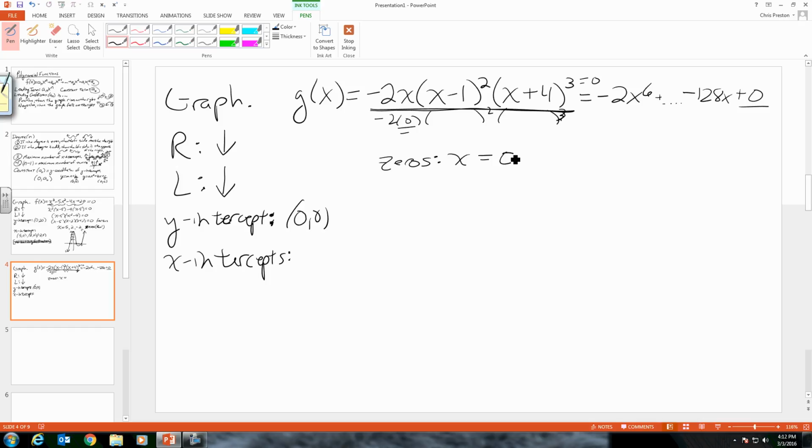We just found out that if you make x equals 0, you get an answer of 0, so that's a zero. Positive 1 is a zero, and negative 4 is a zero. So my x-intercepts are (0, 0), (1, 0), and (-4, 0). And now I'm ready to start drawing this picture.